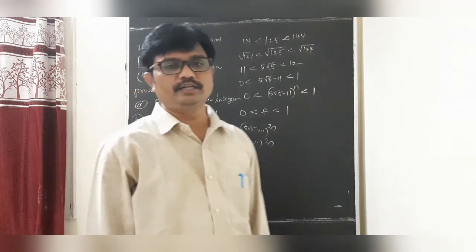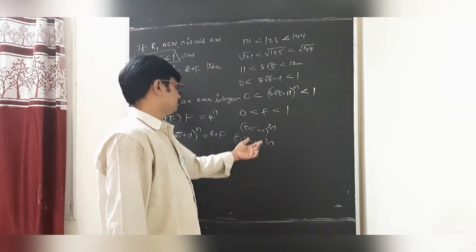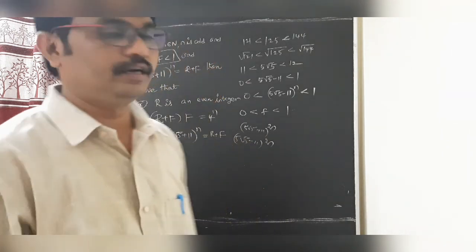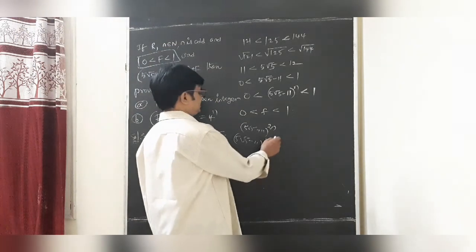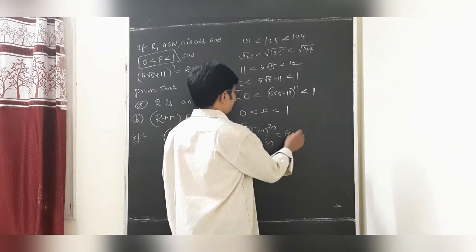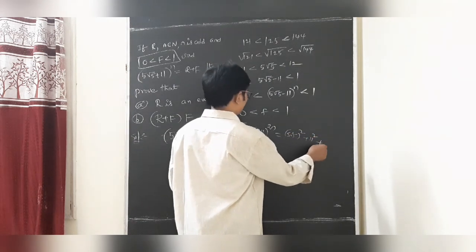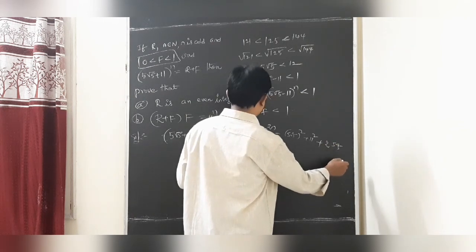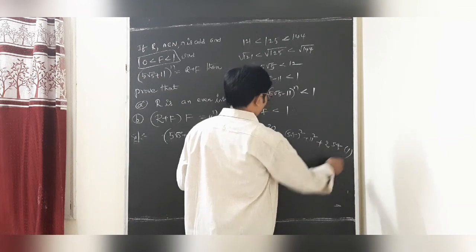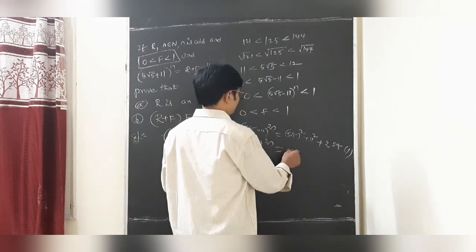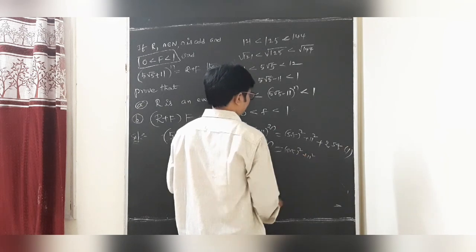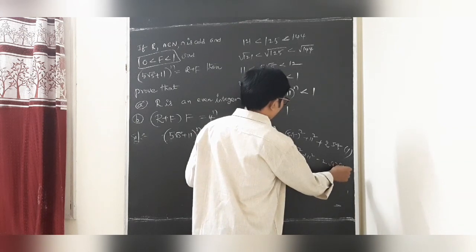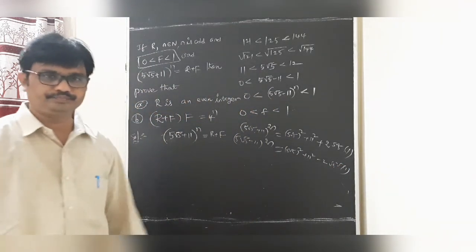After subtraction, what is it? Suppose n is even: a square is (5√5) squared, b square is 11 square, plus 2ab, which is 2 into 5√5 into 11. After that, a square plus 11 square, minus 2 into 5√5 into 11. Okay students?